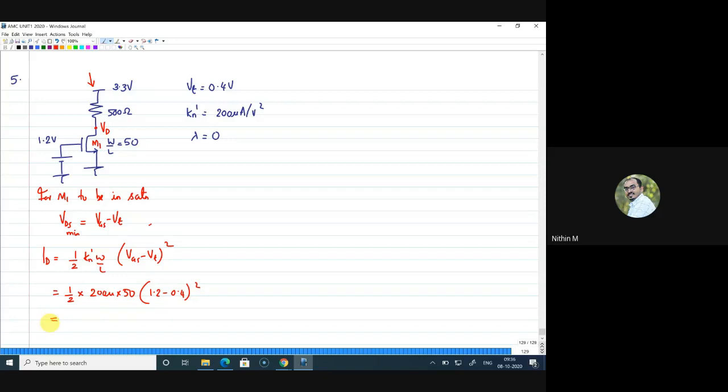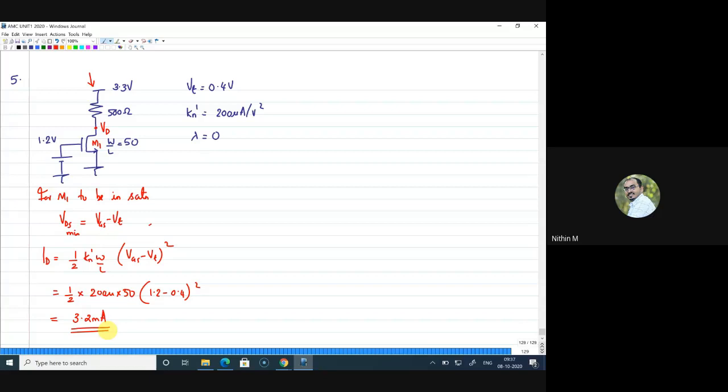What is the current? Any answers? 3.2 milliamps. Yes, very good. ID is 3.2 milliamps.